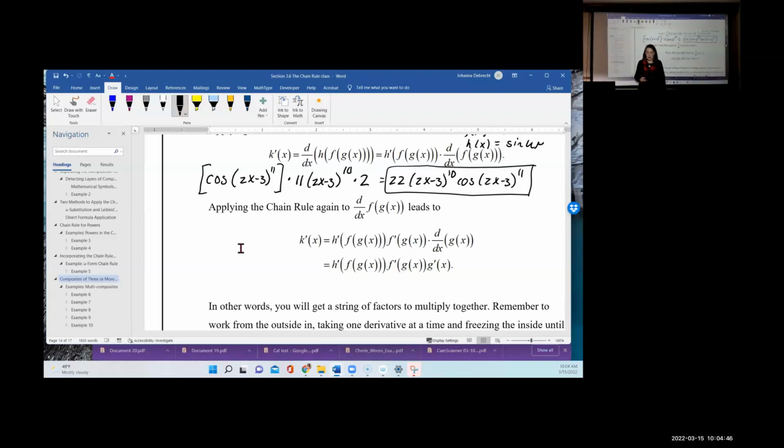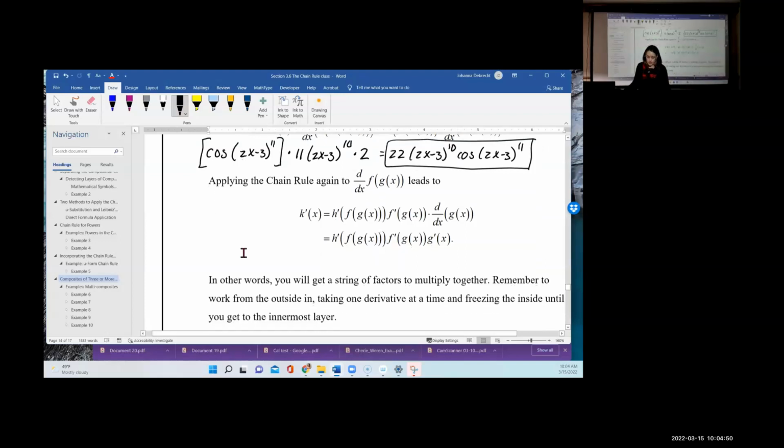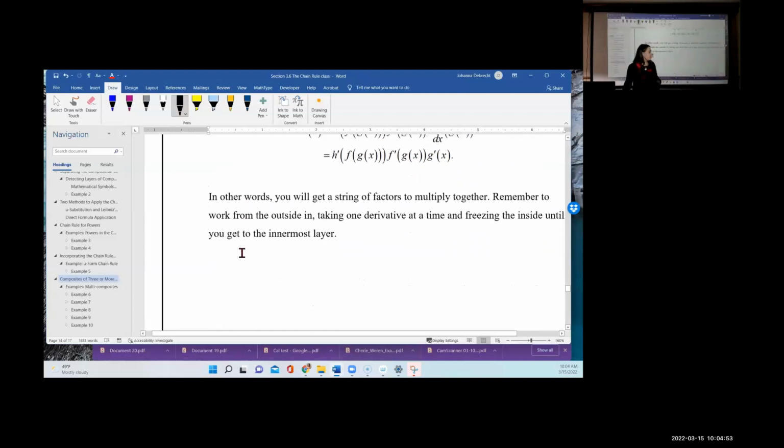And that gives us our nested derivative. In other words, you get a string of factors that are going to be multiplied together. The thing you want to remember is that you're taking the derivative of each layer at a time, freezing the old inside, and then multiplying by the derivative of the inside.